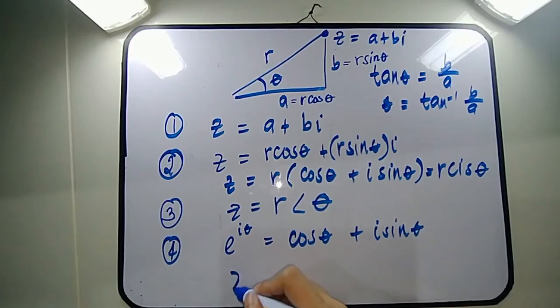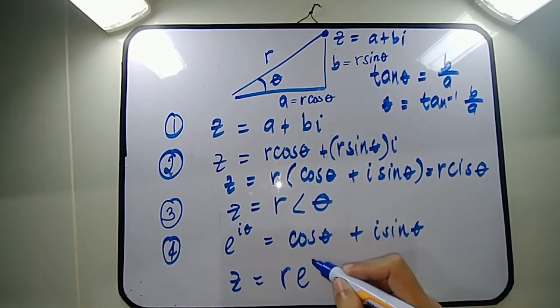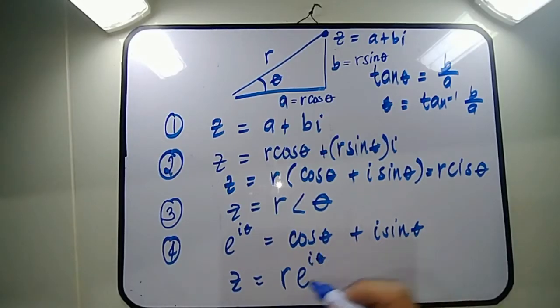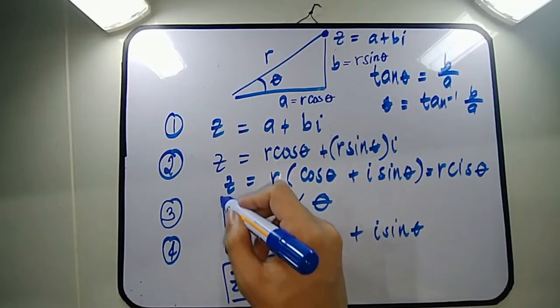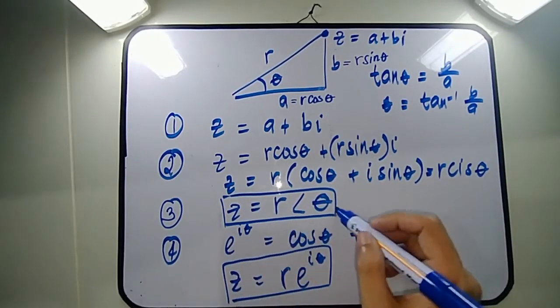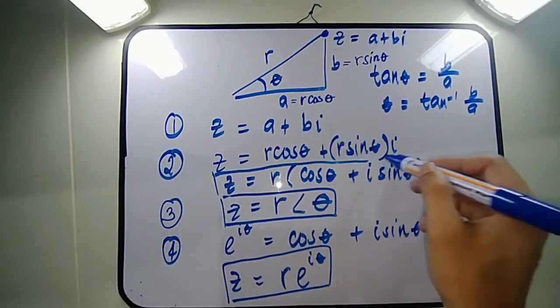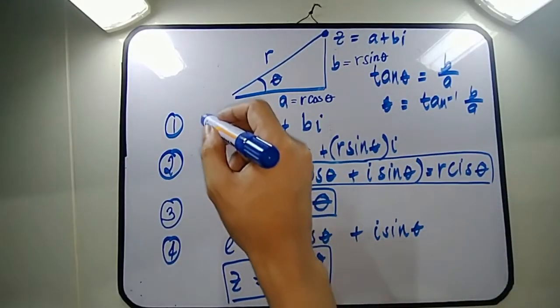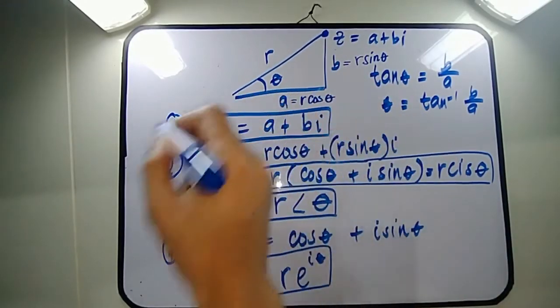Here Z equals r e raised to i theta. This is our exponential form, this is polar form, this is trigonometric form, and this is our rectangular form.